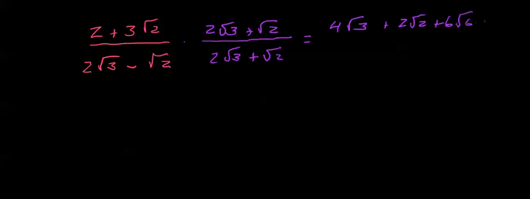And lastly, 2 times radical 2... whoa, I got lost. 2 radical 2. And the last one is 3 radical 2 times radical 2 is 3 times 2. Radical 2 times radical 2 is 2.